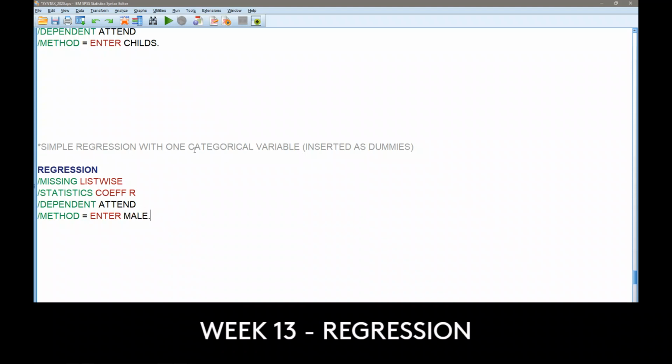Remember, anytime you insert categorical measures, you need to first make them into dummies so that they're coded 0, 1. All right, so this dummy is comparing men to women. Okay, so we're looking at how religious attendance is influenced by sex.